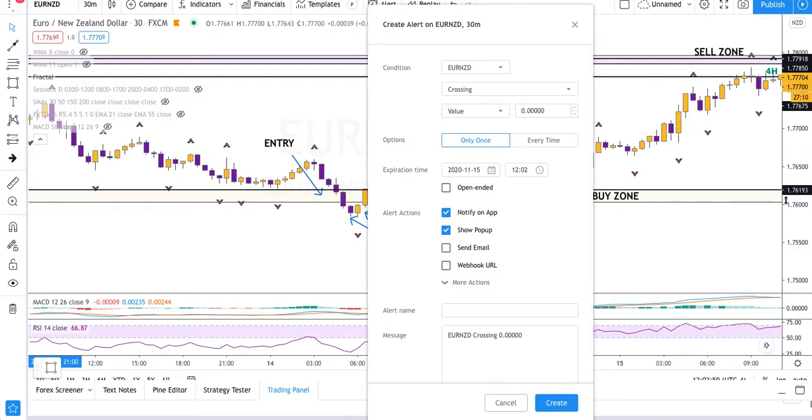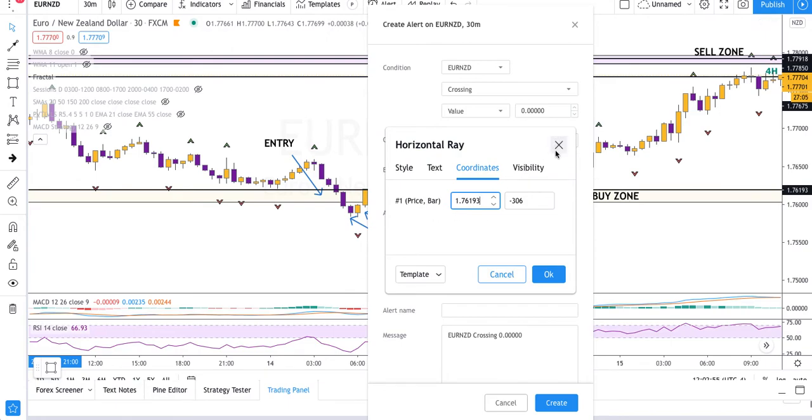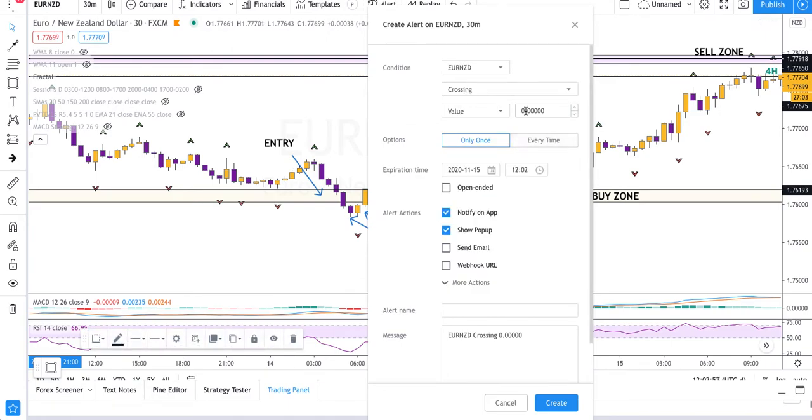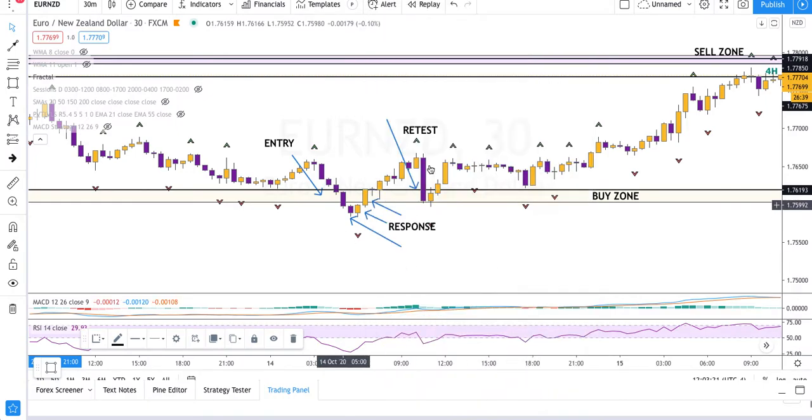So price crosses, let's say, just for whatever, 1.76193, and you put price enters zone. All right. So that's your alert, and it will come to your phone. Boom. And now you have an alert.